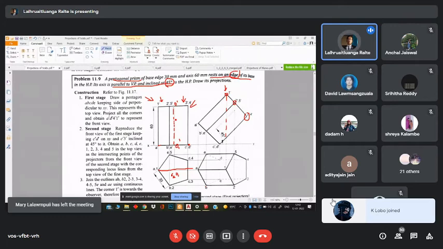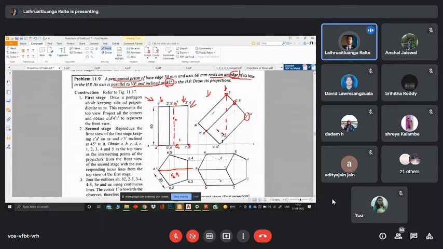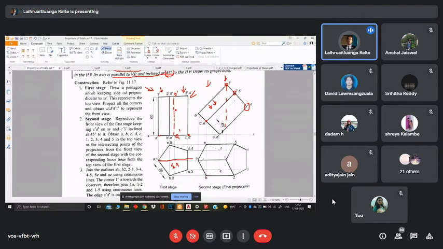So even though B and E seem to be below A, when we look from the top, this is a face and this face is slanting downwards. So this is a combination of your perception and your understanding of the object, which would be a pentagonal prism in this case, and your visualization as well.